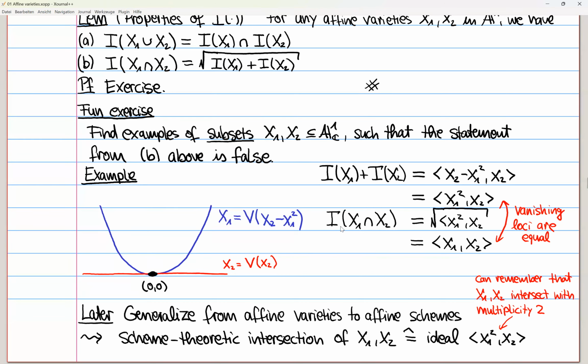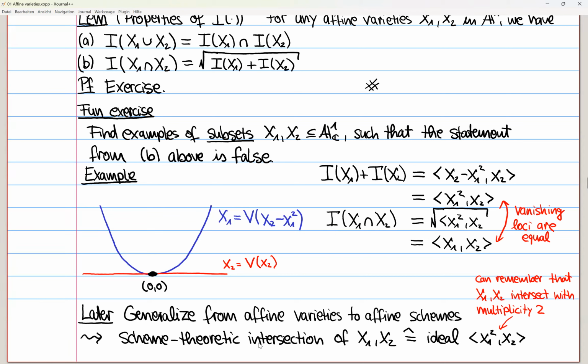But then after we just take their set theoretic intersection as affine varieties, and take the ideal, this information is lost. We just get the standard point. And later, we will generalize from the setting of affine varieties to the setting of affine schemes. So we will introduce this notion later.